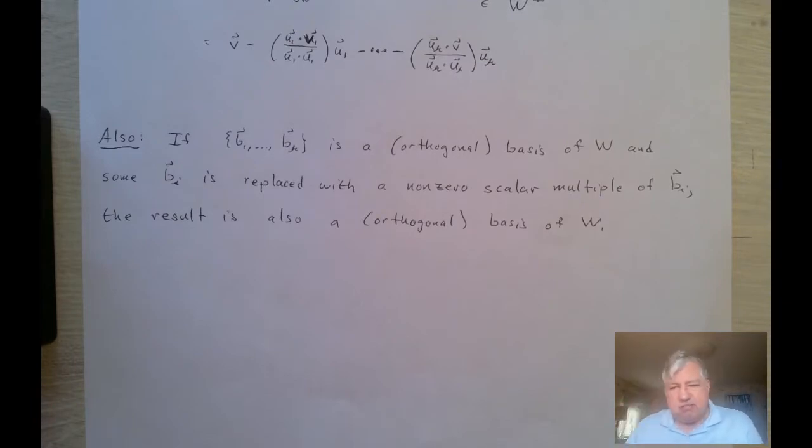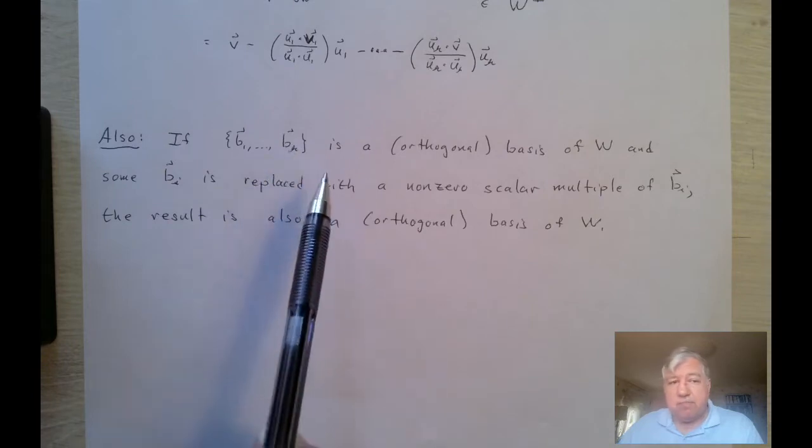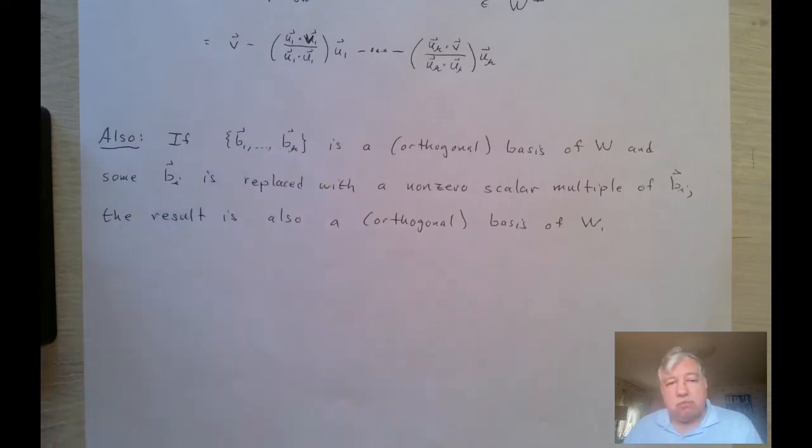When you write things as linear combinations, you can just multiply and divide by some non-zero number. And also, if the basis is orthogonal, then doing this replacement will still give you an orthogonal basis.